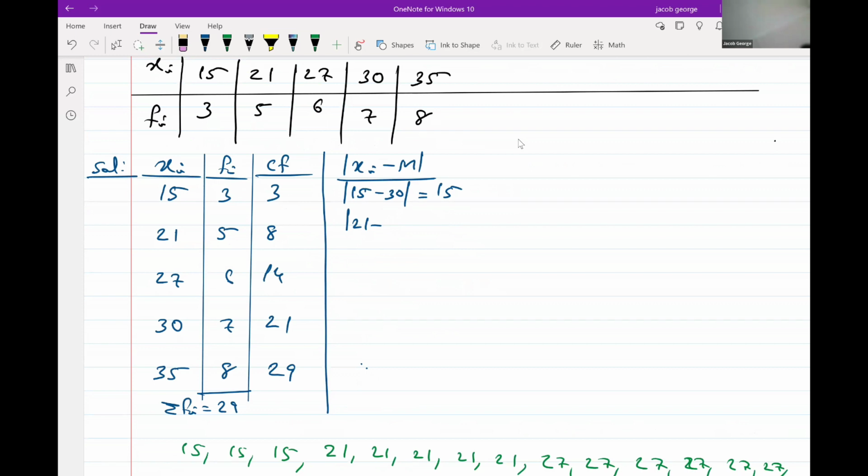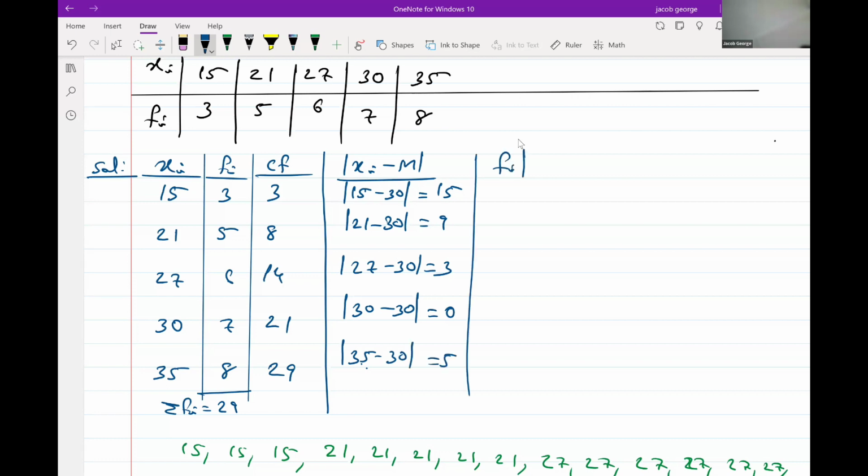Modulus 27 minus 30, 3. Modulus 30 minus 30, 0. Modulus 35 minus 30, it is 5. Then one more column is required here. What is that? Fi into modulus xi minus M.